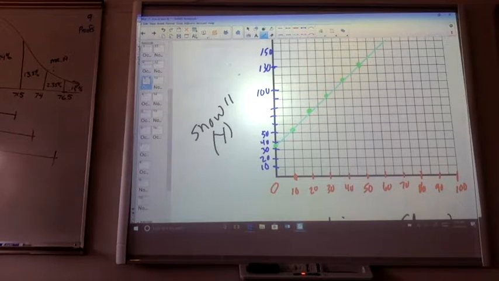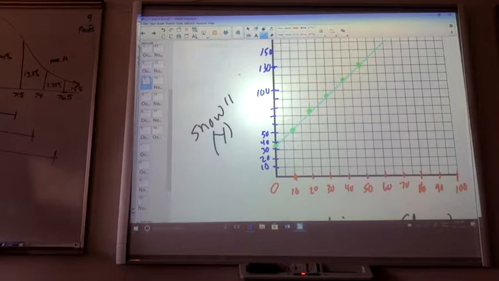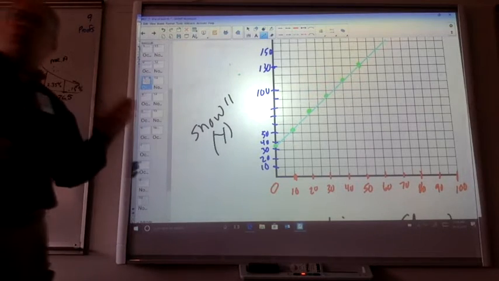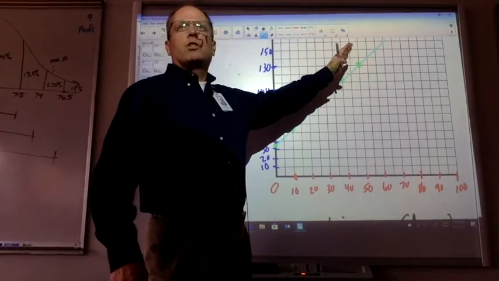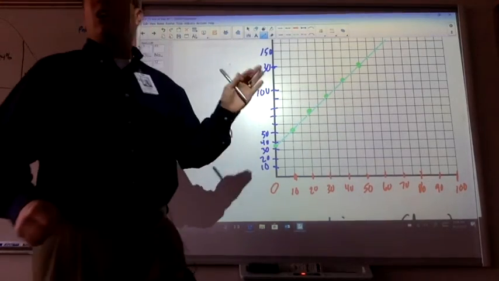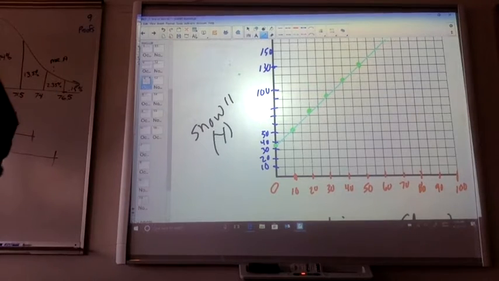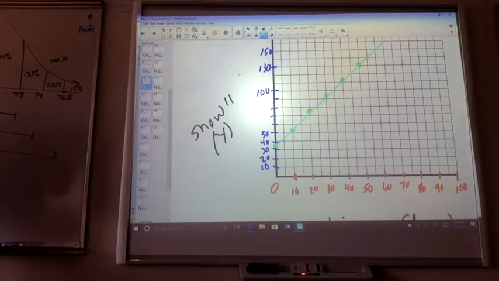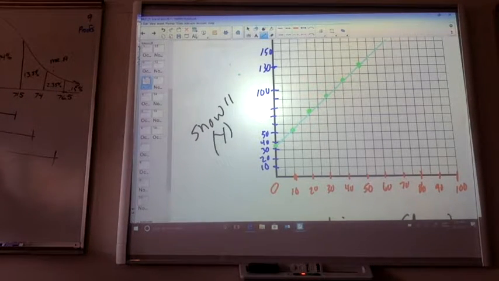And the closer your R value is to 1, the better your line of best fit. If it's an R value of positive 1, it means you have a positive slope. If it's an R value of negative 1, you have a negative slope. R squared is always positive because if you square a negative number, you get a positive number. Okay, and it has to do with the average distance away from each point. But we'll get more into that come Friday when we start talking about it.